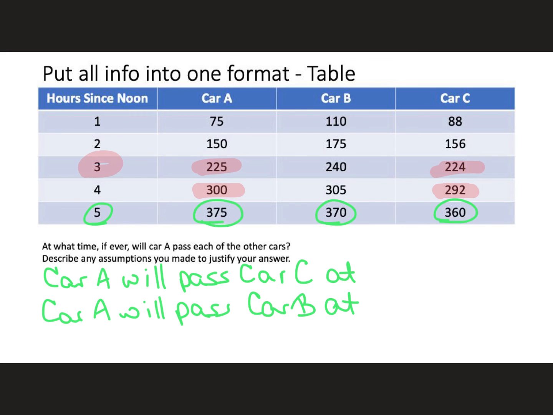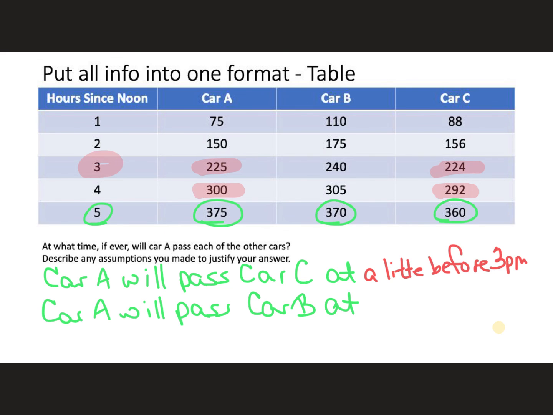So we must have passed it just before the 3rd hour. Remember that these are hours since noon. So 3 hours after noon is a little before 3. At a little before 3 p.m.